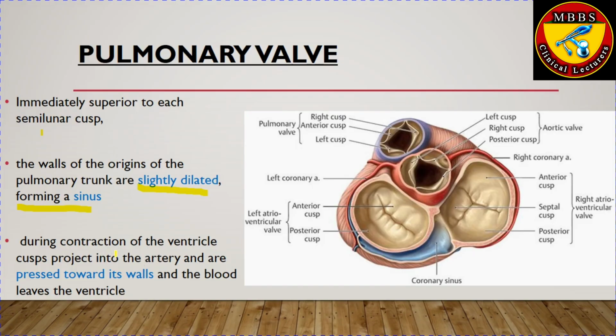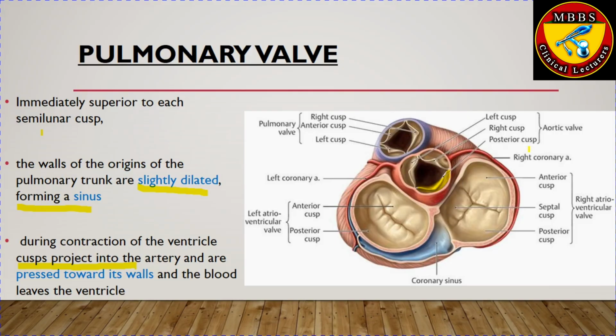During contraction of the ventricle, what happens? The pulmonary valve gets open to allow the blood to enter into the pulmonary trunk. So during contraction of the ventricle, the cusps project into the artery, as you can see in the figure. The cusps project into the artery and are pressed towards its wall, and the blood finally leaves the ventricle.